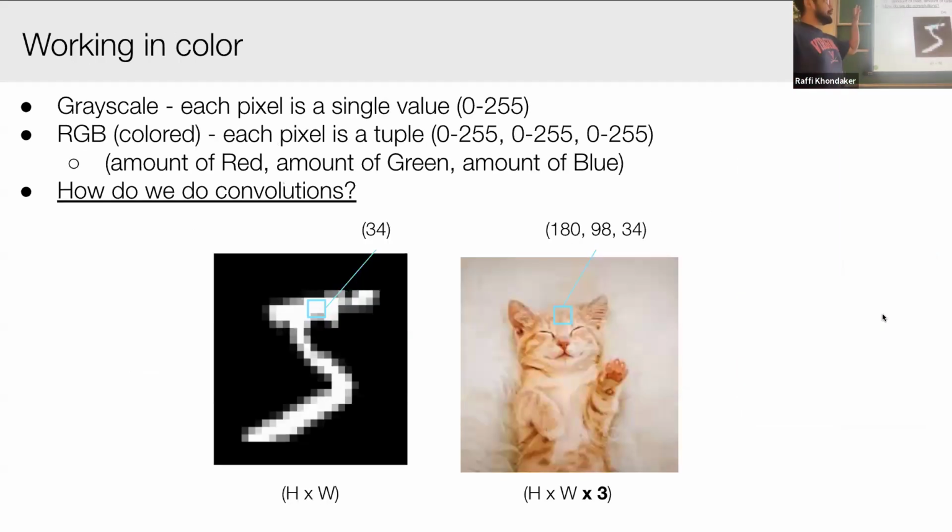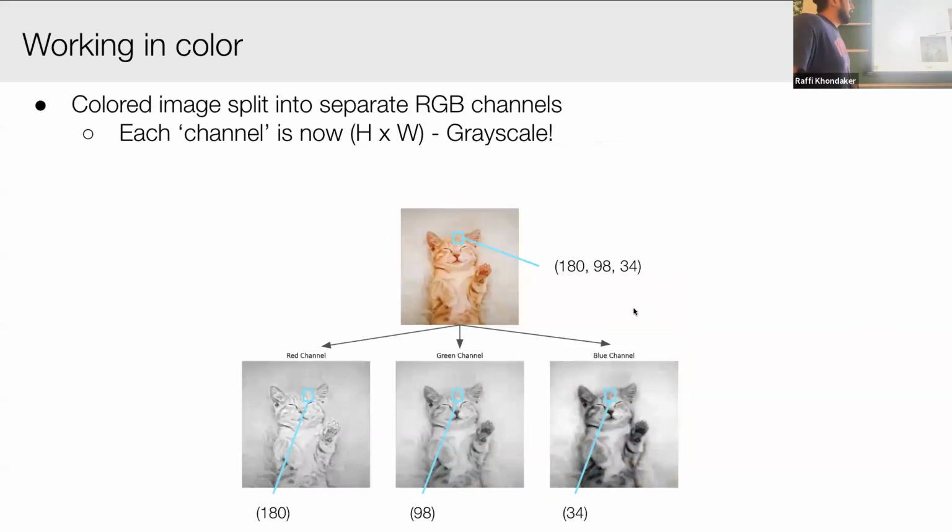Right. So up until now, I've just been talking about grayscale. How do we deal with colored images? Well, we know how to do a convolution, max pooling, all that on grayscale images. So before we do our first convolution step, we just split our image into 3 channels. Our image consists of reds, greens, and blues, and we just split them along those values.